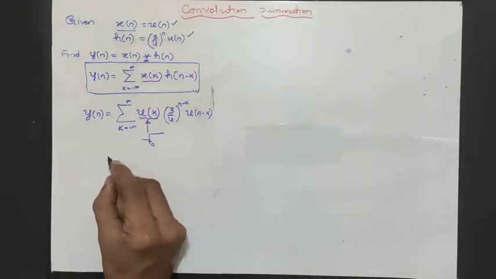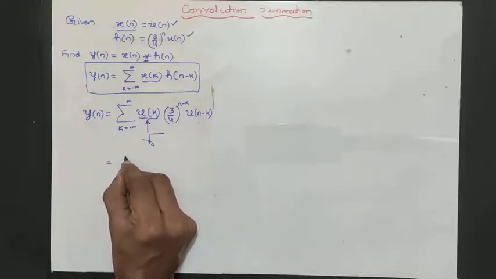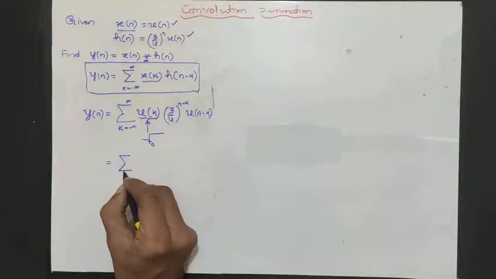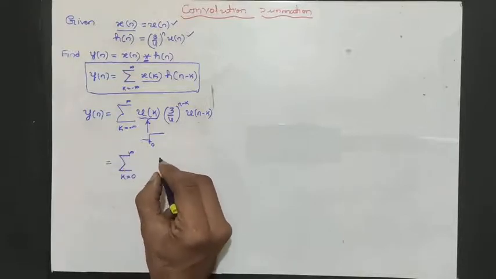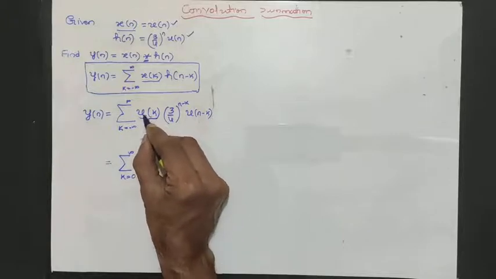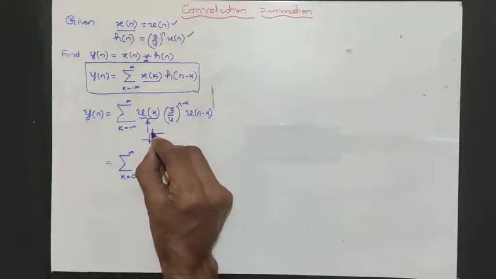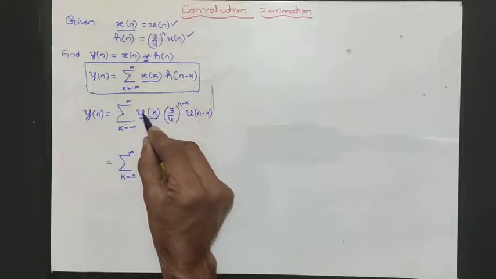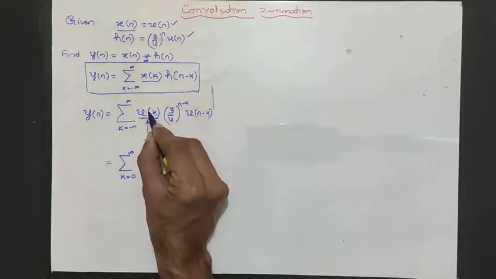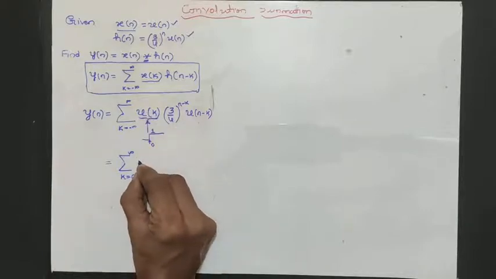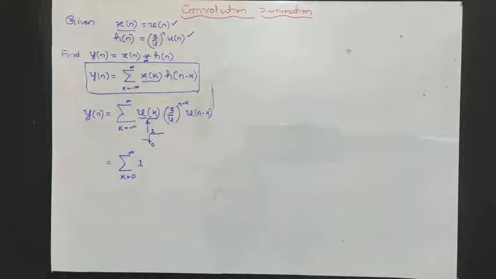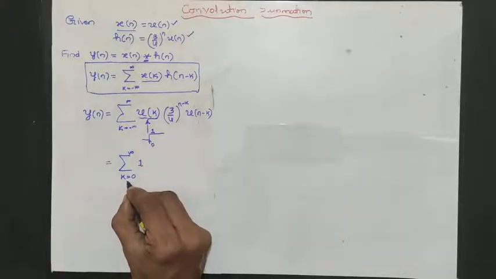The first concept which you are applying in this formula is that the summation starts from k equals 0 to infinity, and u of k has a value of 1. Hence there is no meaning for me to put it here. Instead of u of k, I am doing two changes. One is u of k means 1, a unit step, and its starting point is 0.